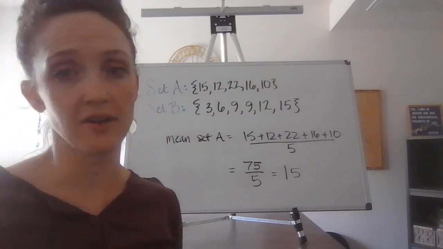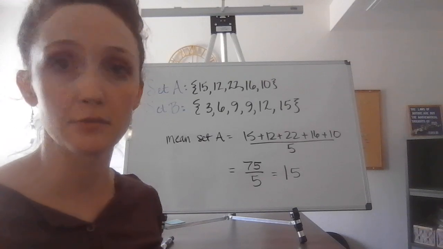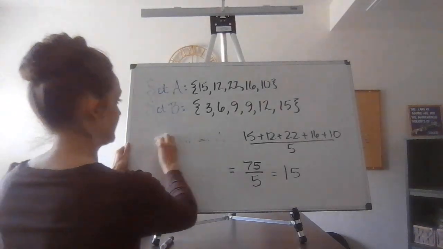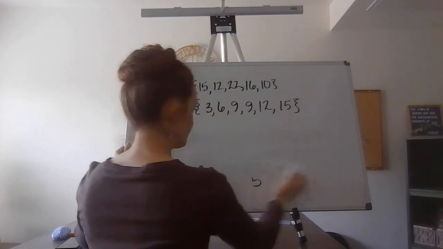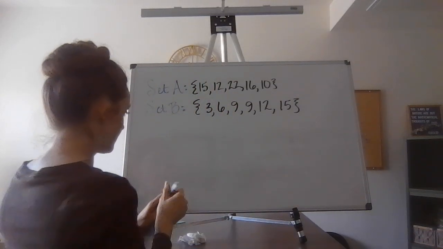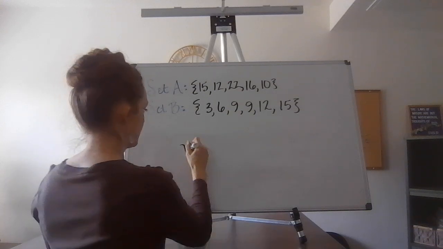So just to summarize what we did as a formula, and you have this on your in-class worksheet, I'm going to talk about the notation we're using. We're using the notation X bar.